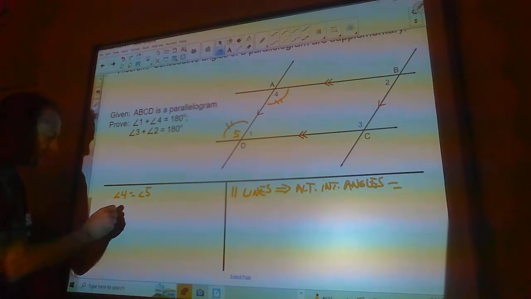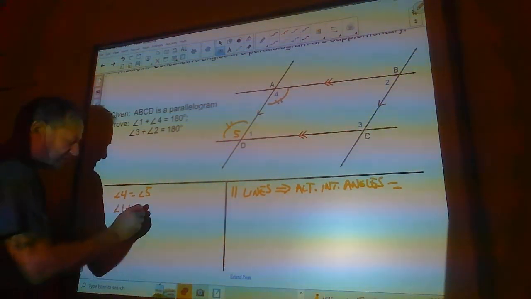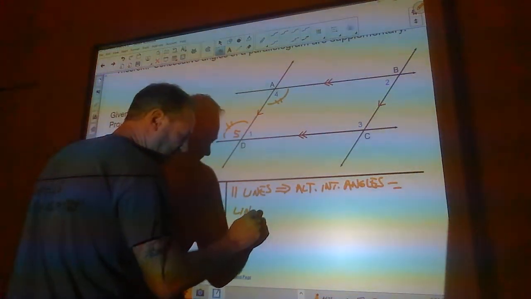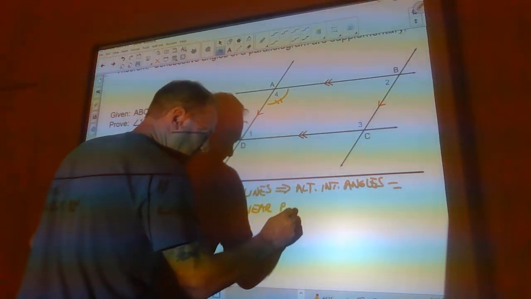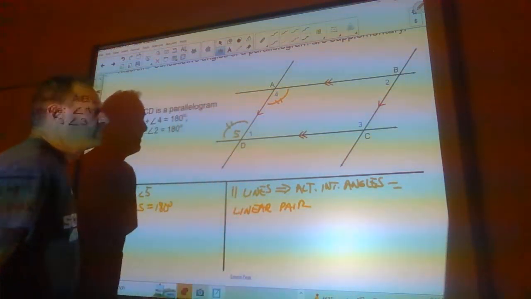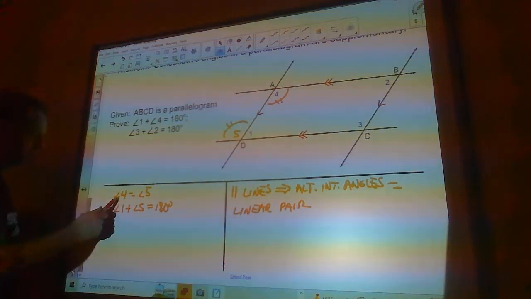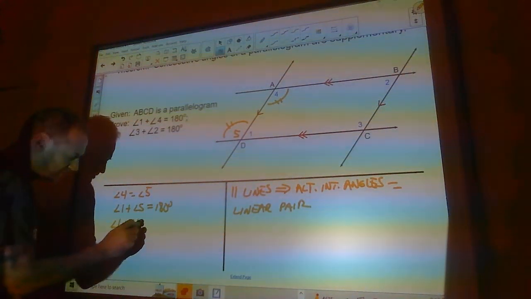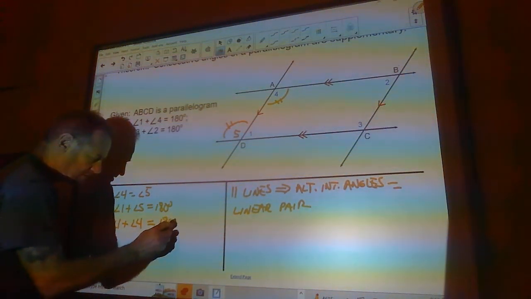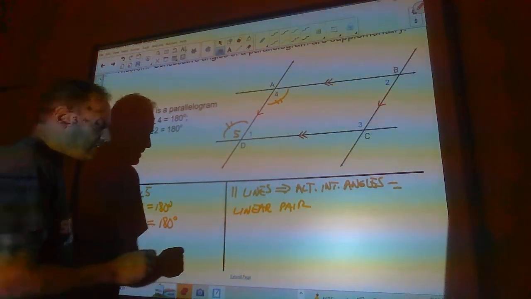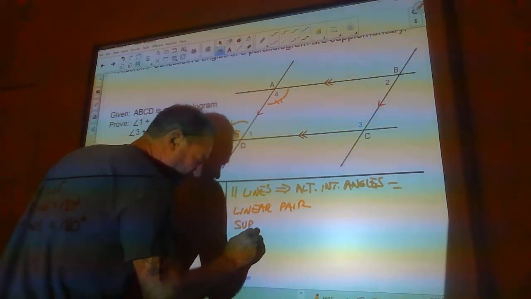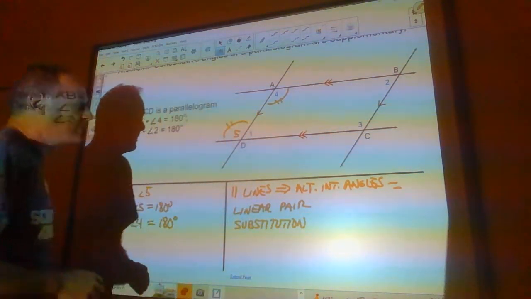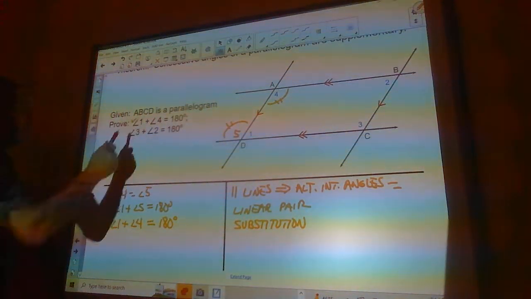I know that angle 1 plus angle 5 adds up to 180 because they are a linear pair. Okay, now since angle 4 and angle 5 are equal, I can substitute angle 4 here. Angle 1 plus angle 4 must add up to 180 by substitution. And so now I've proven this one.